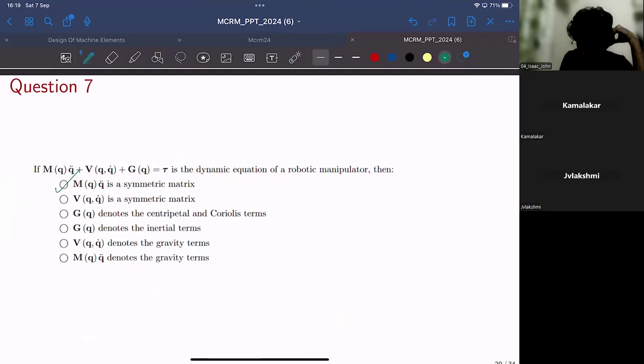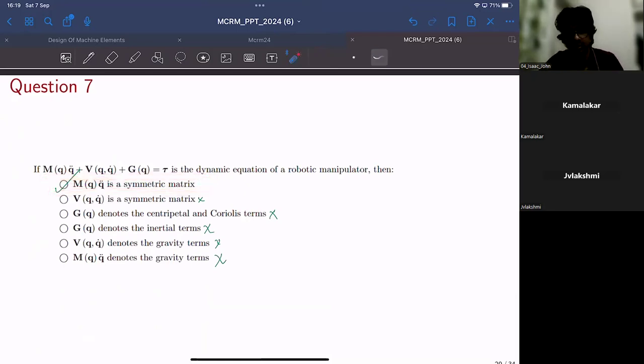That is indeed correct. V of q is not a symmetric matrix. G of q denotes centripetal. That is also false. That is the gravitational term. G of q does not denote the inertial term. That is also false. Option 5 is also false. Option 6 is also false. It's a fairly straightforward one-word question. It's option A. That is the correct answer.